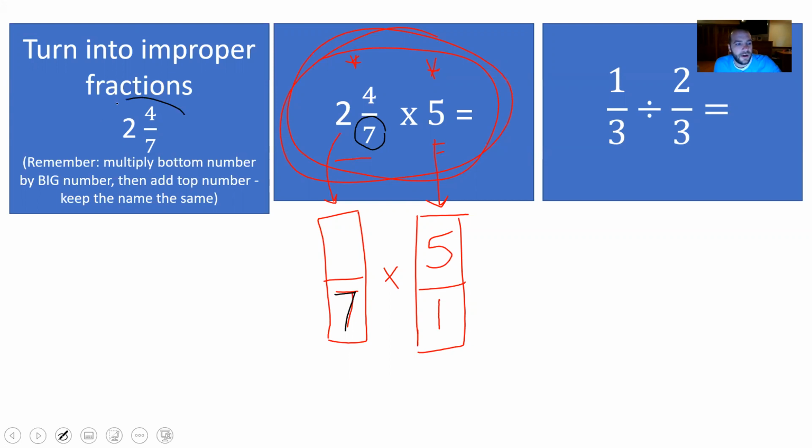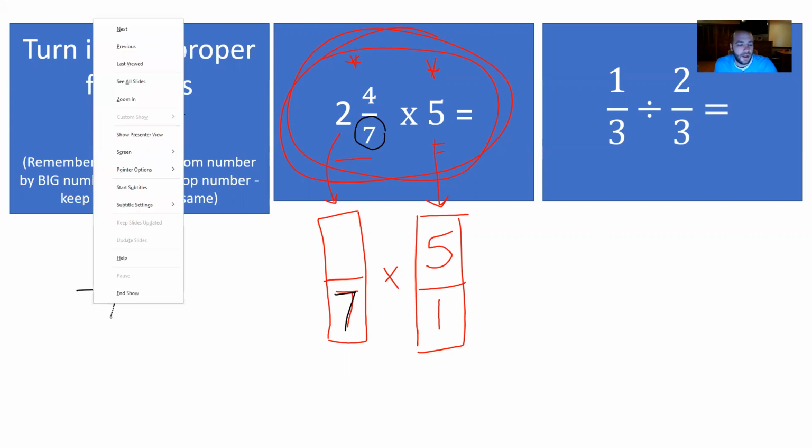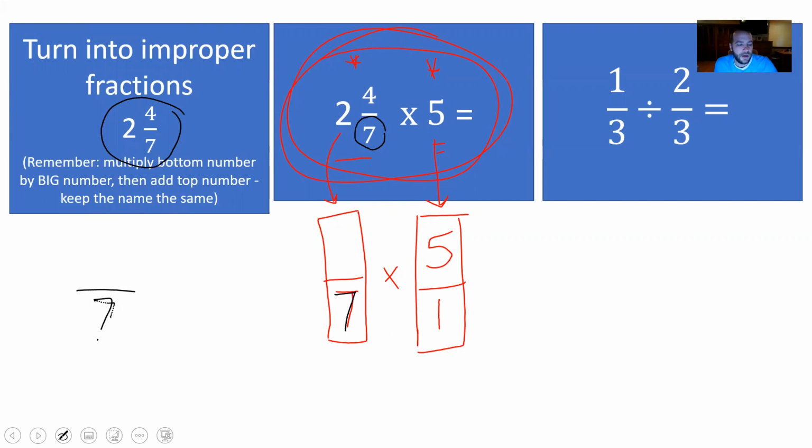Now, if you look over here, I literally have that for the first question. Hey guys, can you figure out what 2 and 4 sevenths is as an improper fraction? So what we're doing here is we are saying, okay, we have 2 wholes. Remember, each whole is 7 sevenths. So basically what you're doing is you're multiplying 7 times 2 to get 14, and then you're adding the other 4.